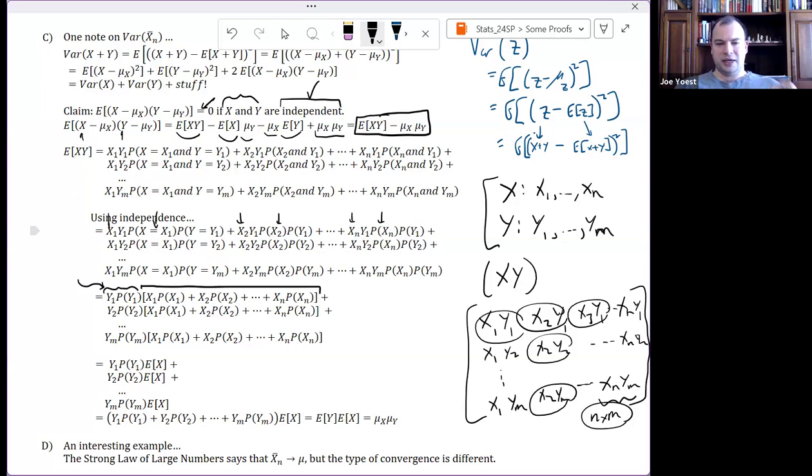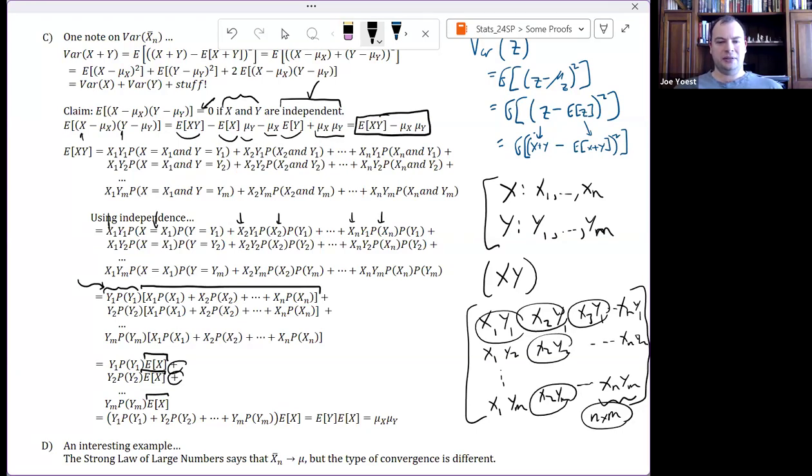But wait, what's x1 times probability of x1 plus x2 probability x2 plus xn probability xn? That's just the expected value of x. That's just mu x. That's what it is in the first row and the second row and all the way down, just all expected value of x's. But now every term, these are all added together, every term has an expected value of x.